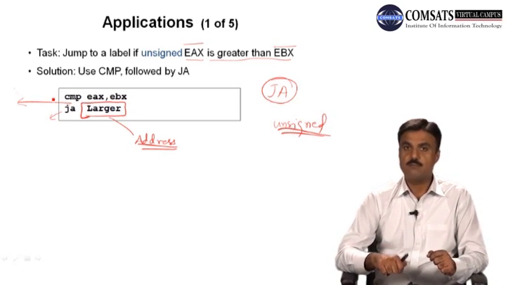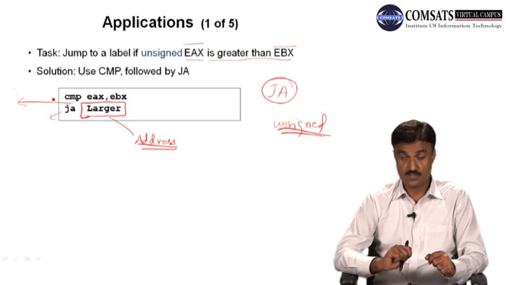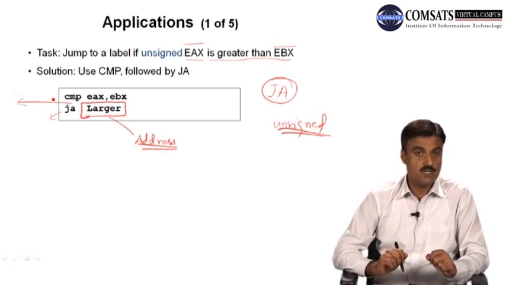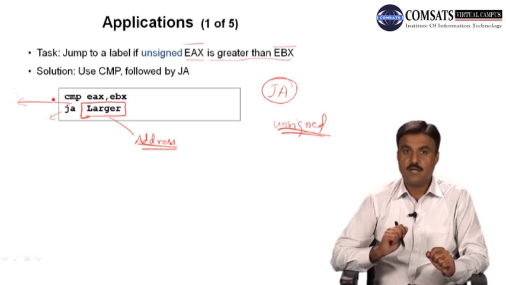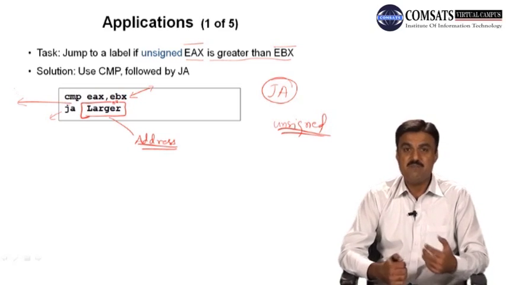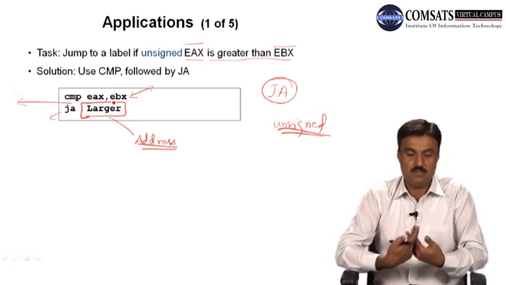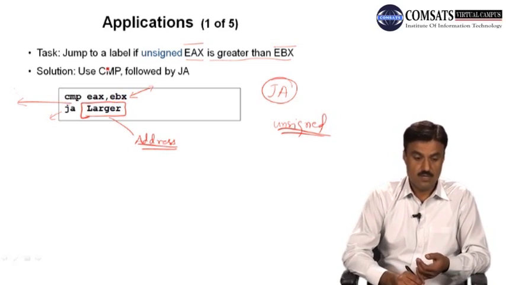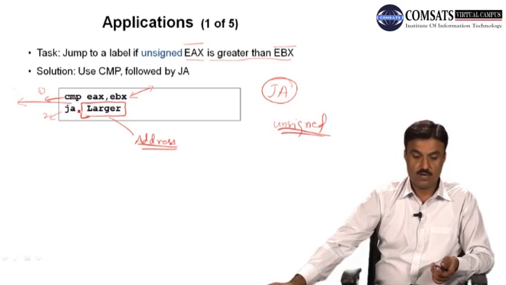If you want to use jump or conditional flow control instructions, then the test or comparison instruction, whatever you are using, must immediately precede it. It must be the immediately previous instruction. First the compare instruction, then the immediate next instruction should be the conditional flow control instruction.